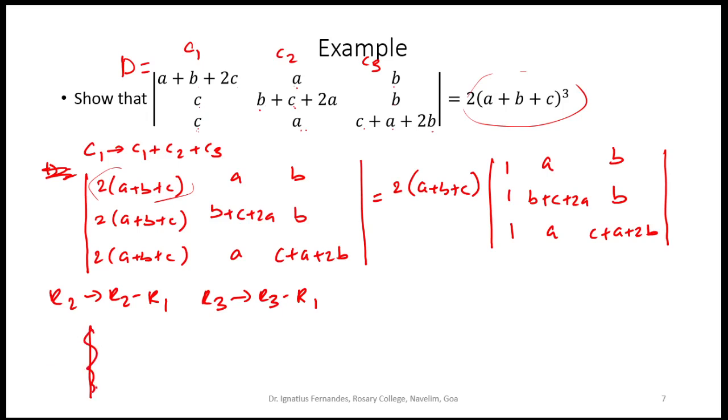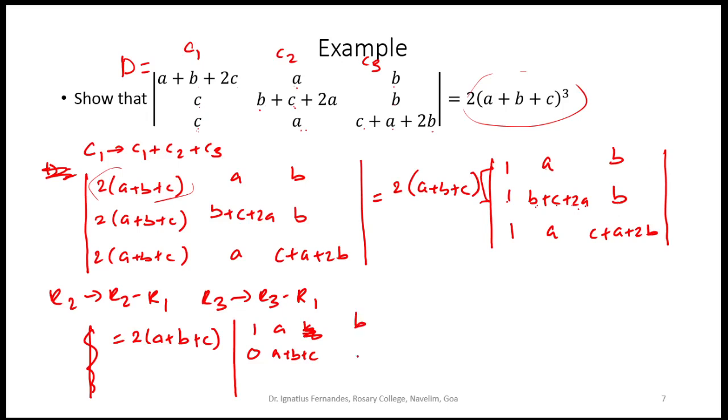So that will be equal to 2 into A plus B plus C. The first row as it is, 1 A B. I'm subtracting R1 from R2, so R2 minus R1. So this minus this, 1 minus 1 will be 0. B plus C plus 2A minus A. So this 1A will cancel. So what I'll have is 1A, 1B, 1C. So I'll have A plus B plus C.